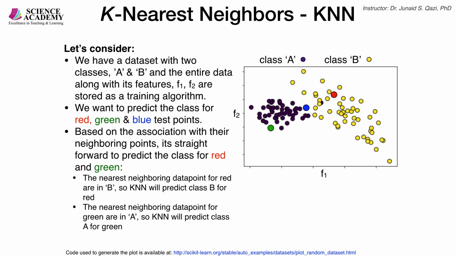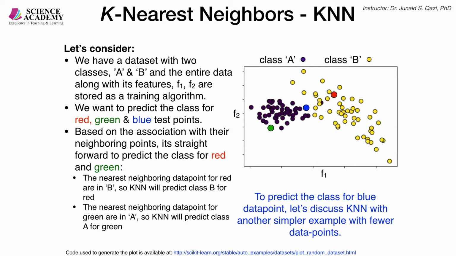The nearest neighboring data points for red are in B, so KNN will predict class B for red. The nearest neighboring data points for green are in A, so KNN will predict class A for the green data point. To predict the class for the blue data point, let's discuss KNN with another simple example with fewer data points.